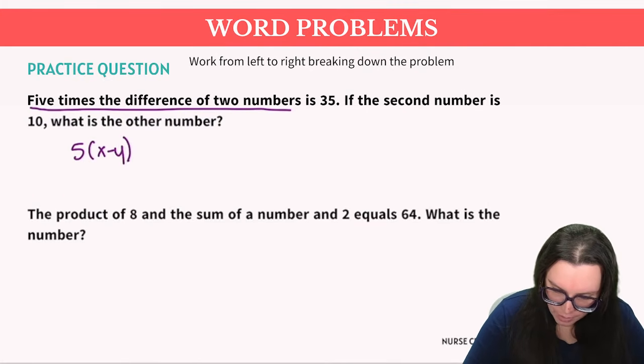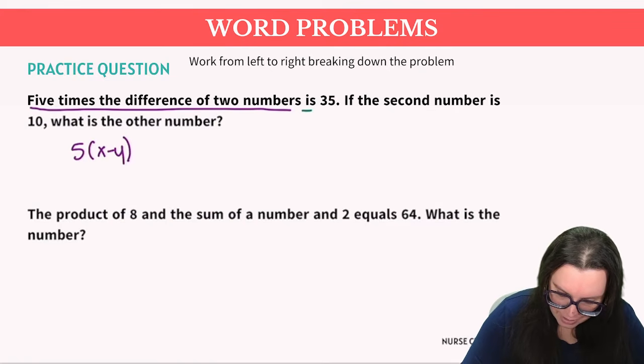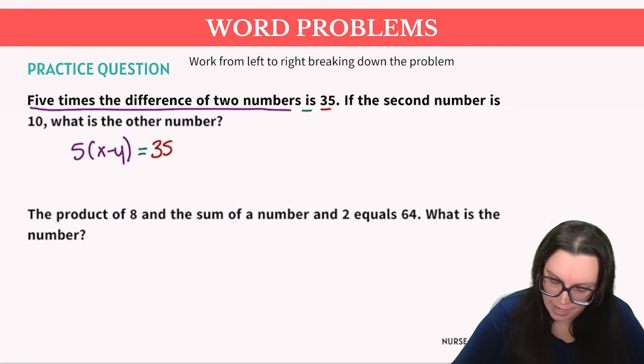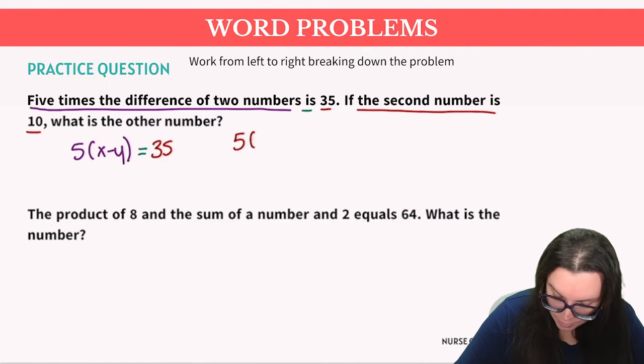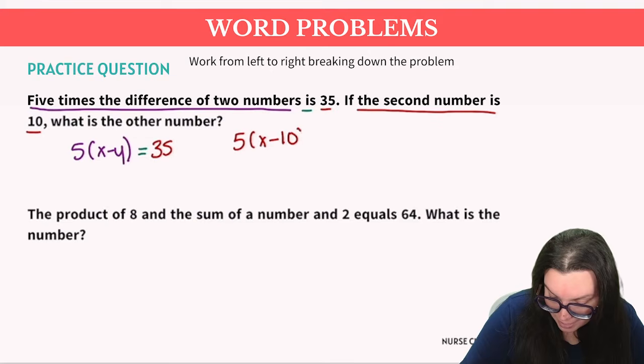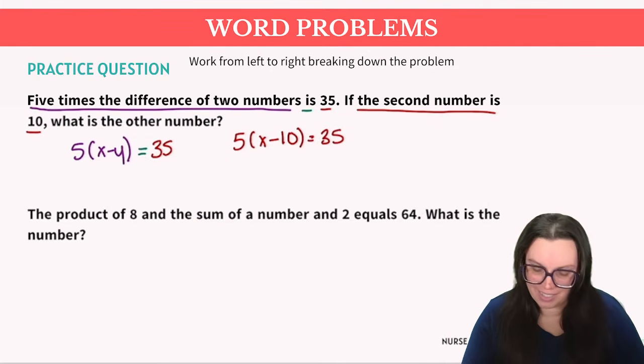So we've got our first part. We have the word is, so that is our equal sign. And then we have the number 35. It also tells us one additional thing, right? It says one number is equal to 10. So that gives us our new equation: 5 parentheses x minus 10 is equal to 35. Now we just need to solve.